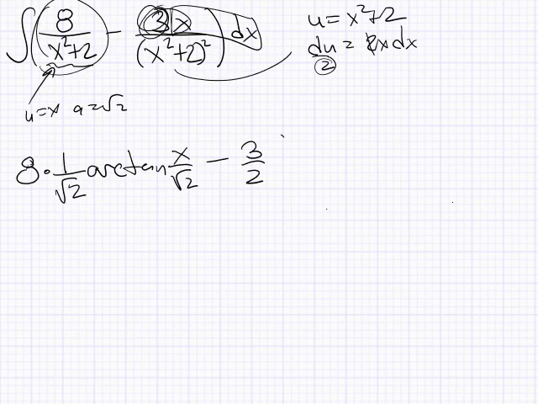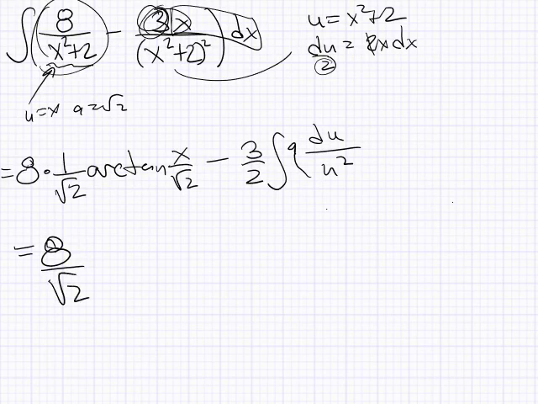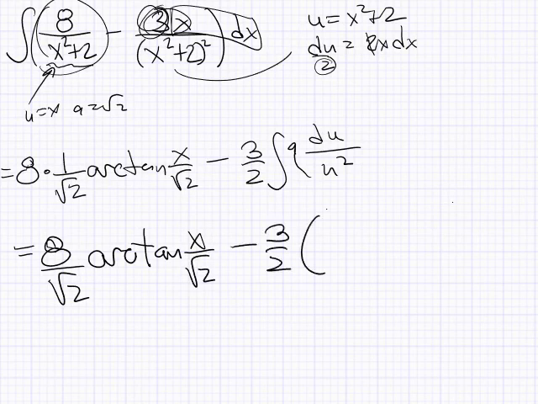And this becomes the integral of what? du over u squared, which if I bring the u squared up, which we've done a bunch of times now, u to the negative 2 and integrate it, I would end up with 8 over square root of 2 arctan of x over square root of 2 minus 3/2 times negative u, which was x squared plus 2, to the negative 1 plus c.